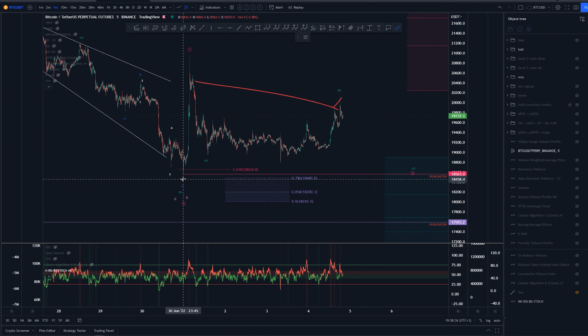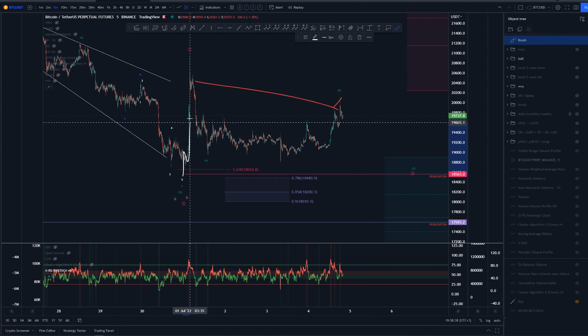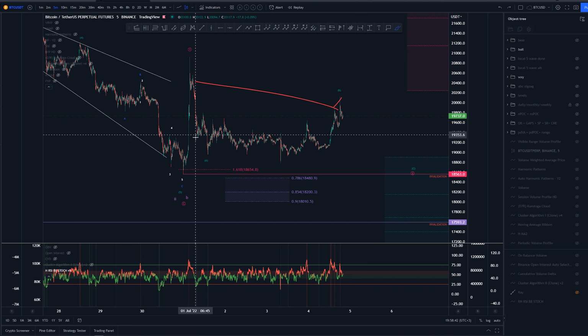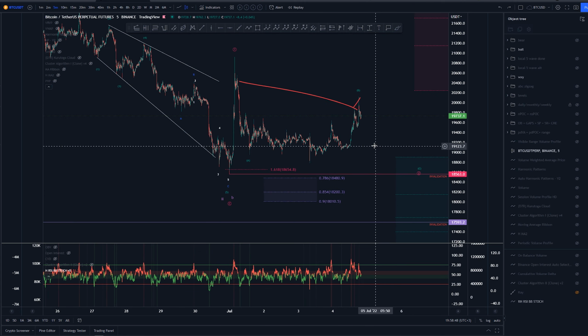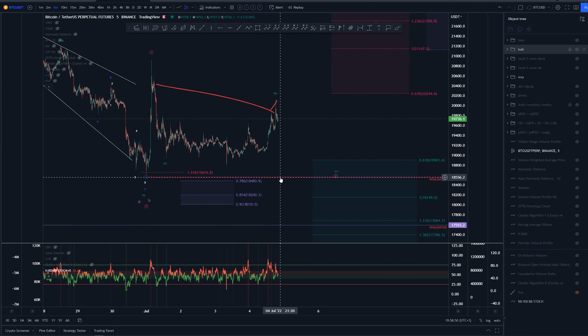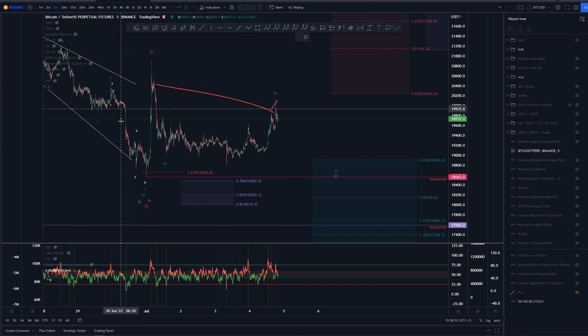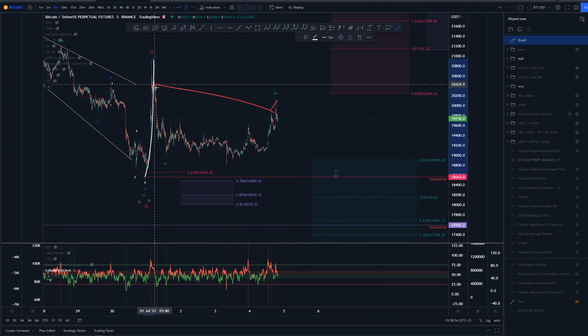In this case, however, we are labeling this as a 1, 2, 3, 4 and 5 into possible wave 1. Now if we are bullish, we could be saying this is a wave 1, but invalidation is pretty close around the 18.5k, in which this idea of this being a wave 1 would invalidate.